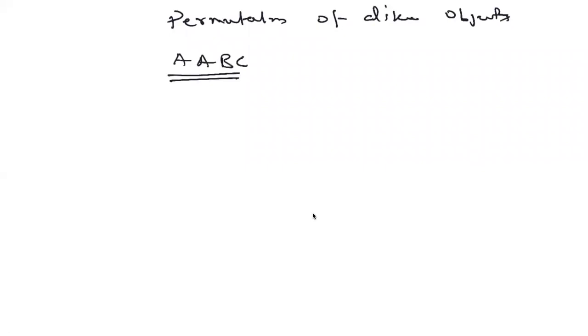So A's are alike, but B and C are distinct, different. If both A's are different, I'm saying this is A1, A2, B, and C, so the total number of ways would be factorial 4.